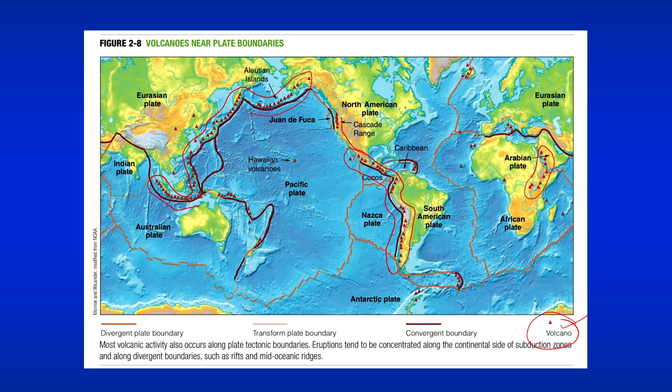Again, there is a very clear indication that wherever we have subducting plates, mostly we have volcanoes, and this is mostly seen where there is subduction of the Pacific plate.